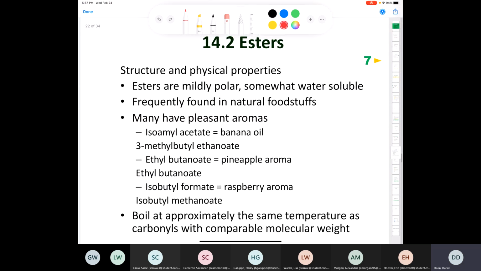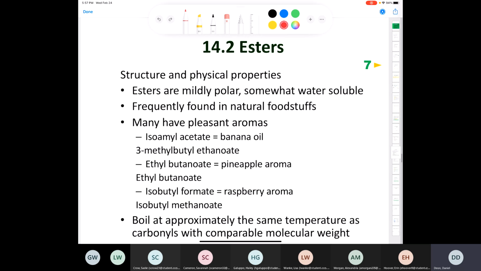Okay, and we're going to talk more about esterification, of course, and we'll look at an ester. The reason esters are in chapter 14 is because an ester is just a derivative of a carboxylic acid, right? If you draw the generic structure of a carboxylic acid, here's a carboxylic acid. An ester is just where you replace the hydrogen with another R group, right?